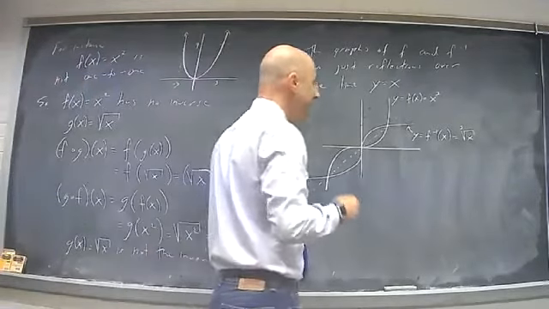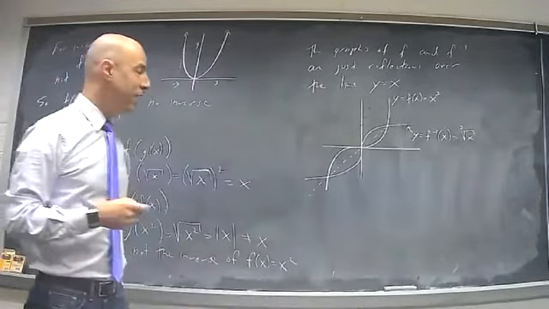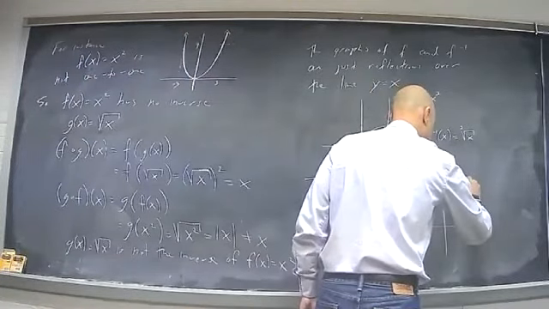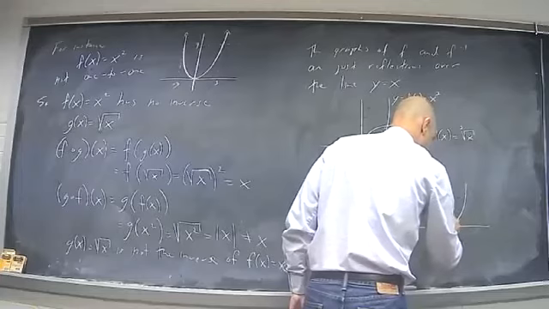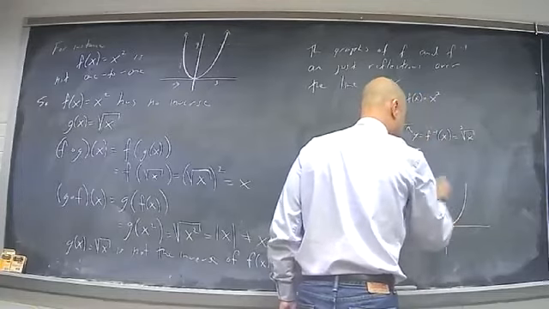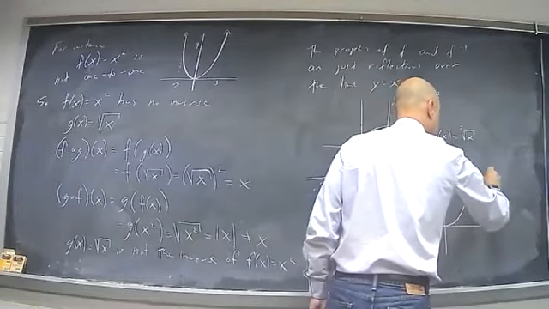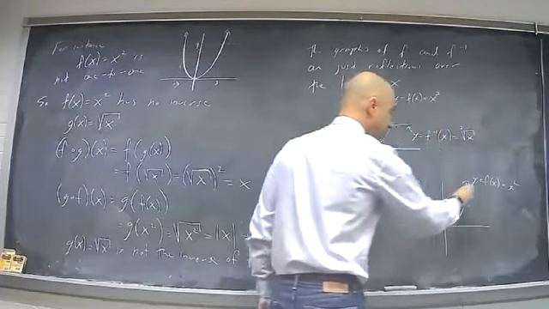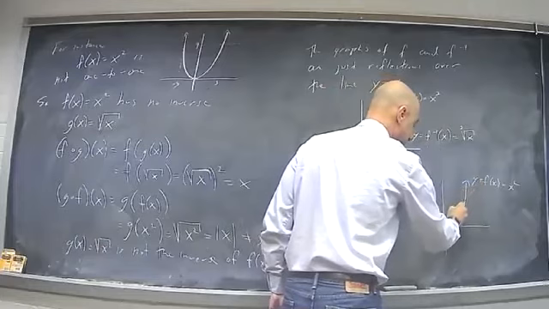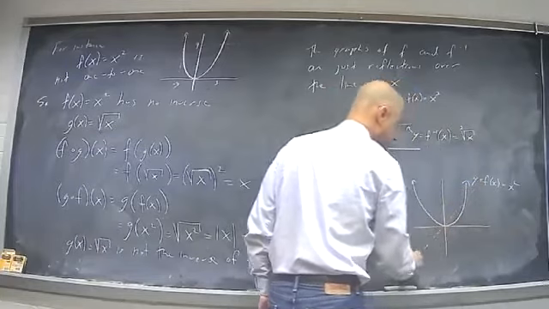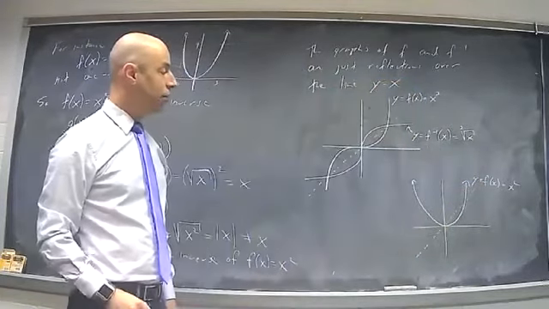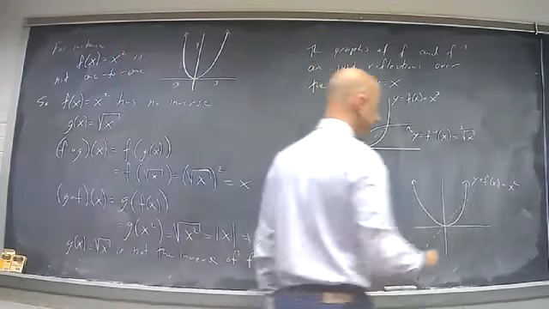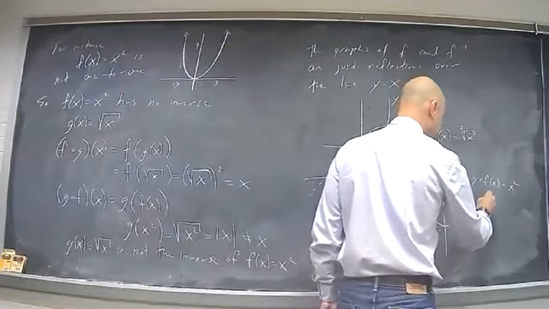And now we can see what goes wrong with x squared from a graphical standpoint. If I try to reflect this over the line y equals x, using y equals x as a mirror, what I'm going to end up with is something that looks like this.